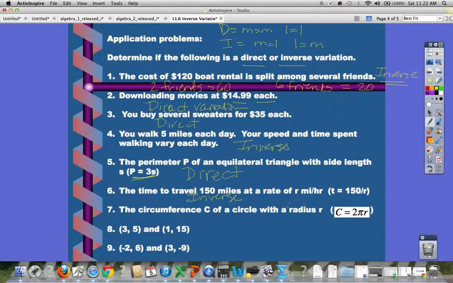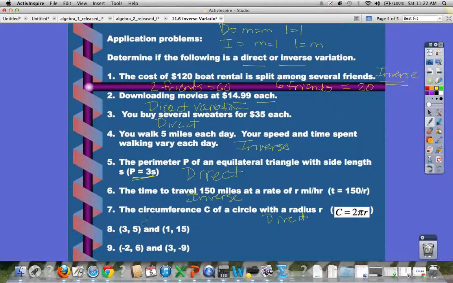Well, if we were comparing two different circles, this could be an inverse variation, but the radius is going to be a direct variation because the radius is the same throughout the circle. Okay? It is directly related.